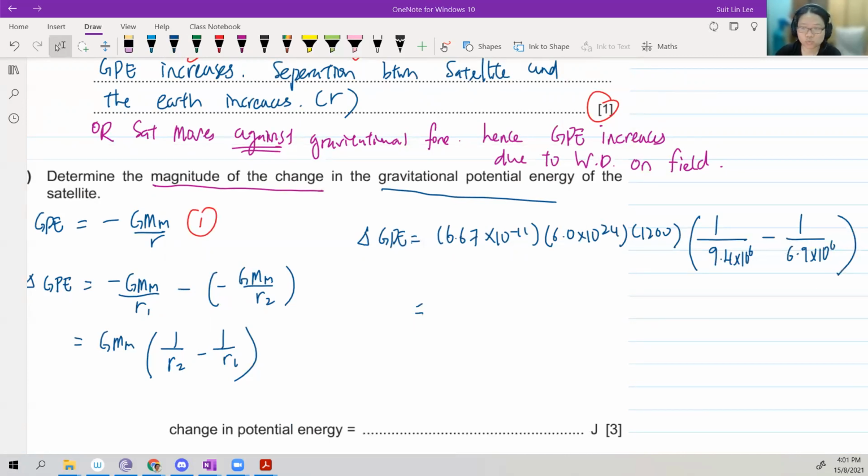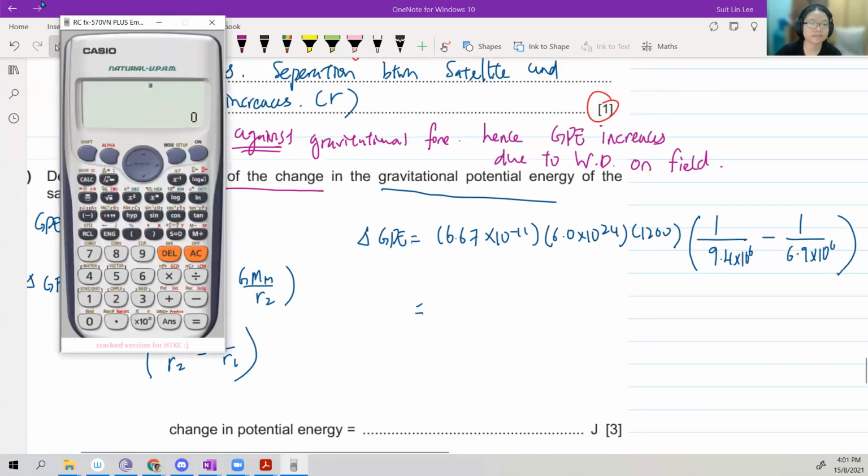So this 10 to the power of 6 can pull out also. And if you learn to pull it out, your life will be a little bit easier.